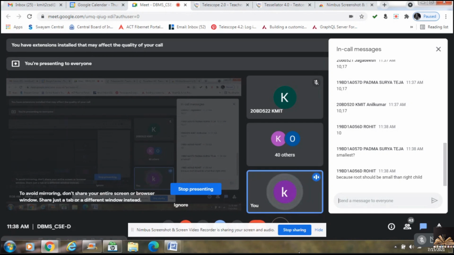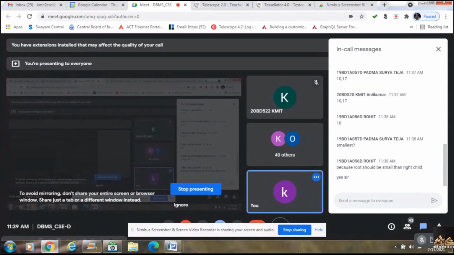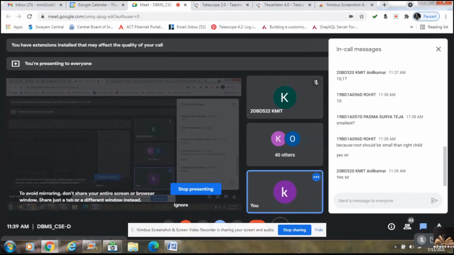If I take 17, I can put all the elements lesser than 17 to the left of the root. I can do that, right? Can't I do that?